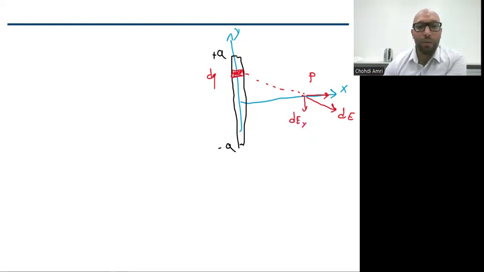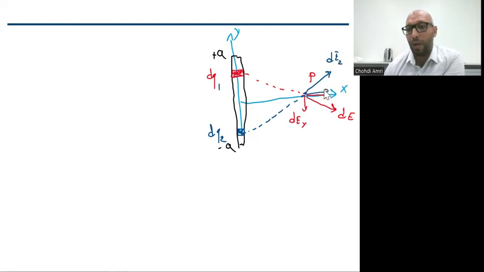Imagine that we have another charge element, dq2, symmetric to dq1. There is an electric field produced by the second charge element. Let's say this is dE2, which has two components, one along x and one along y.